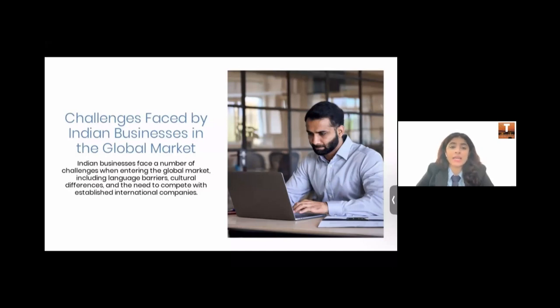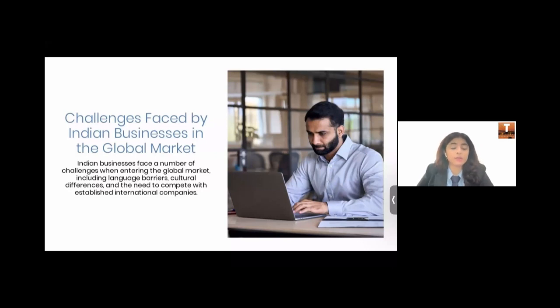Last would be the talent and skills gap. So global talent acquisition, we have heard about the term acquisition. Acquiring and retaining skilled talent with global market expertise can be very challenging. Indian businesses have a major need to access individuals with cross-cultural competence, language skills, and international business acumen to effectively navigate global markets.